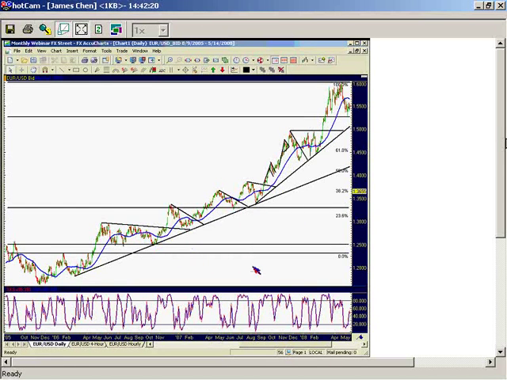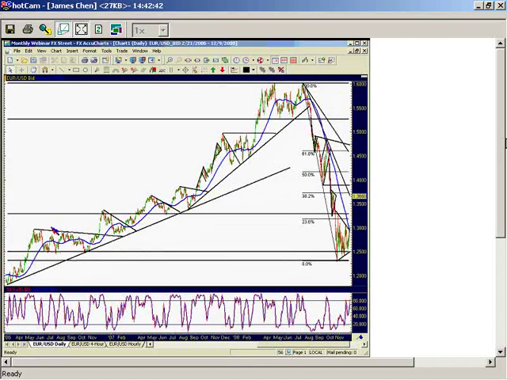Now, when I talk about long-term trading using daily charts, and I'm going to show you all daily charts today, I'm talking about short-term breakouts within the direction of long-term trends. So if you take a look here, I've got an uptrend here. It's a pretty obvious uptrend, and you see that I'm having short-term breaks.